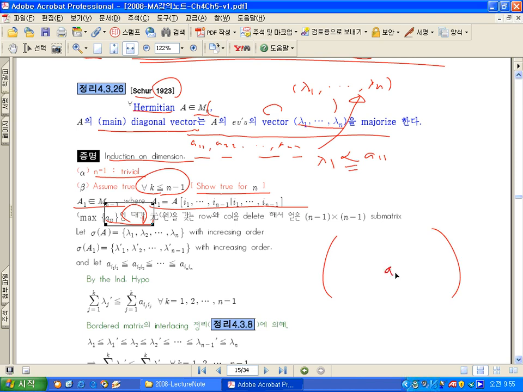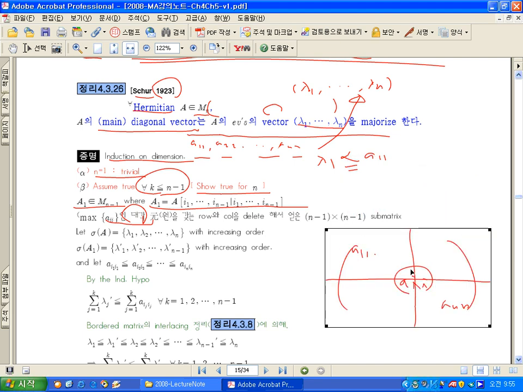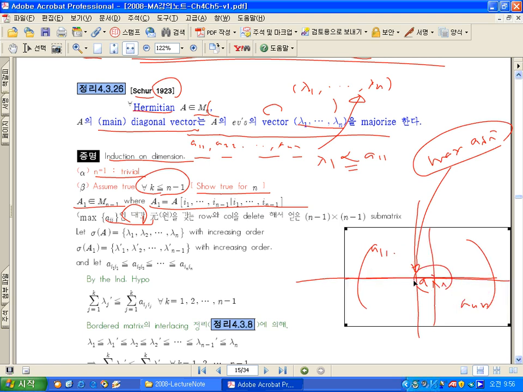When you have a11 here and ann here, we delete the ith row and column that has the maximum aii.